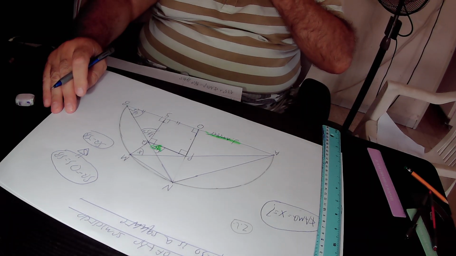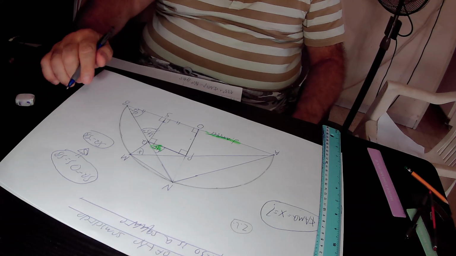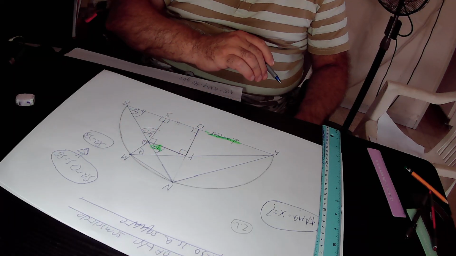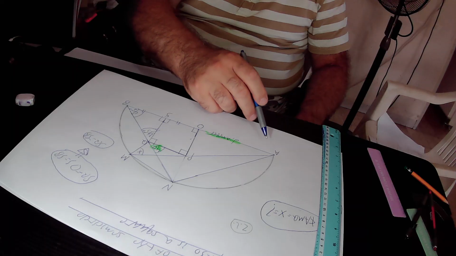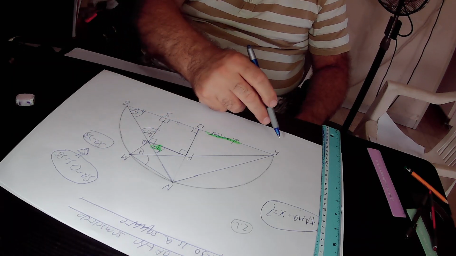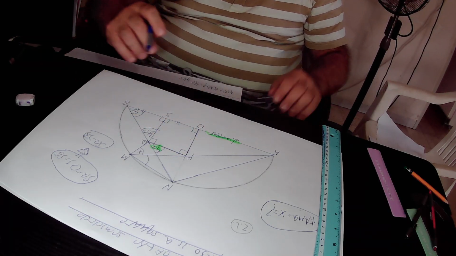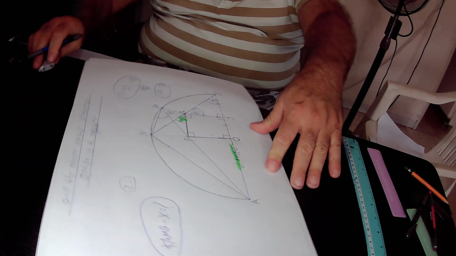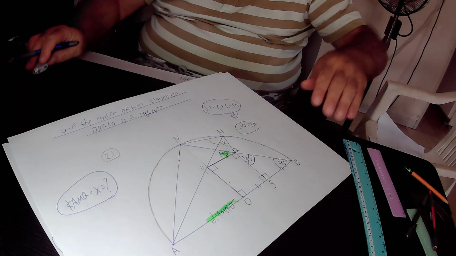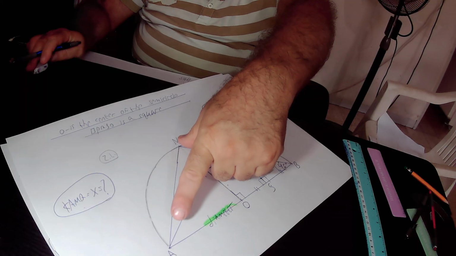By joining points M and N and A, we get peripheral angle AMN. This is peripheral angle AMN that subtends on chord AN. Likewise, we have also peripheral angle ABN that also subtends on the same chord called AN.